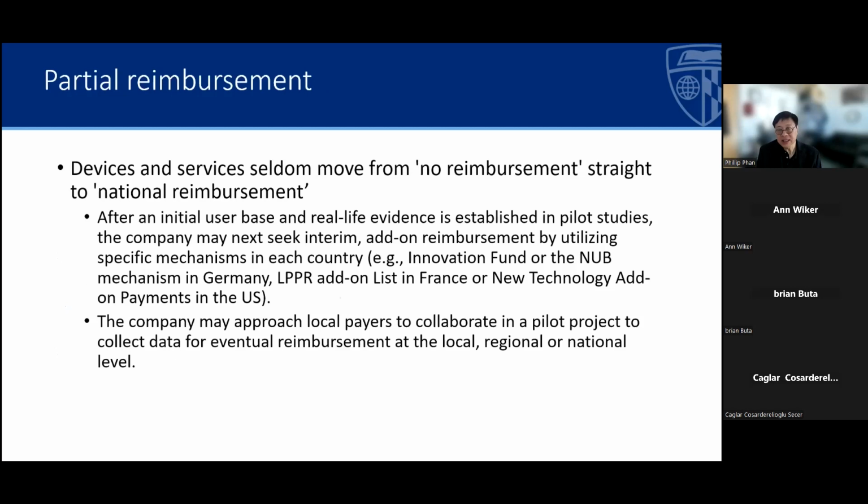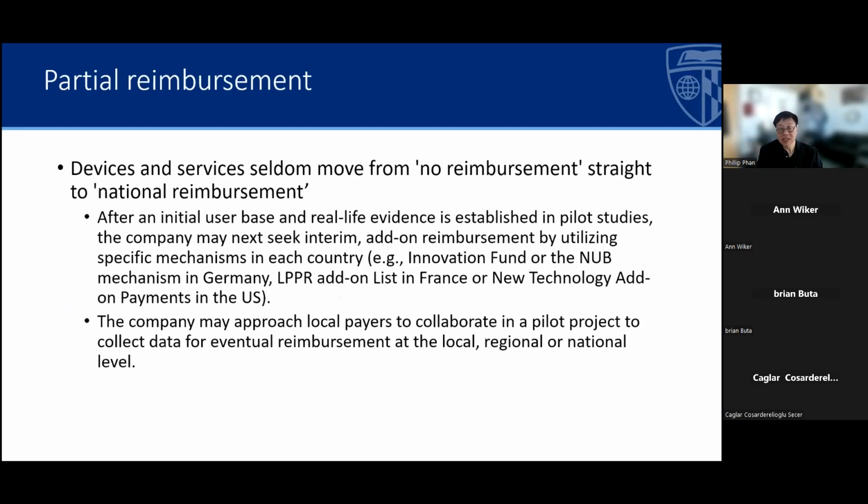All right. Now, there's this other aspect which is quite important, which is that when we are trying to get devices and therapies or services covered, we should not think of it as a sort of all or nothing situation, right? So very seldom are devices, or any kind of covered therapy, either not reimbursed or 100% reimbursed.